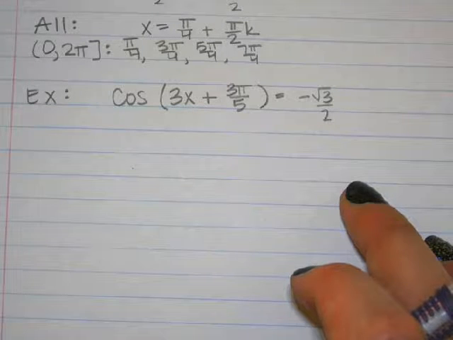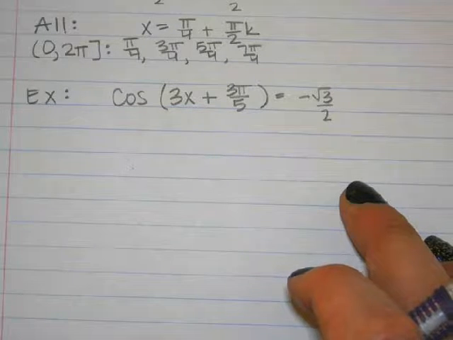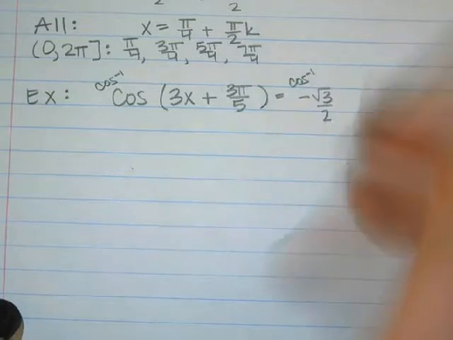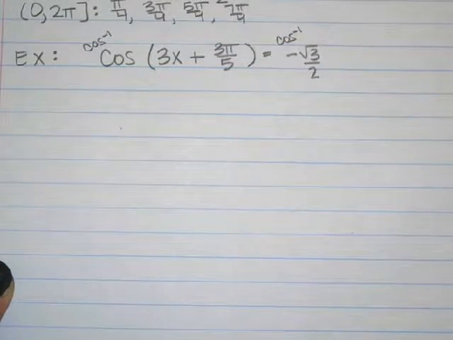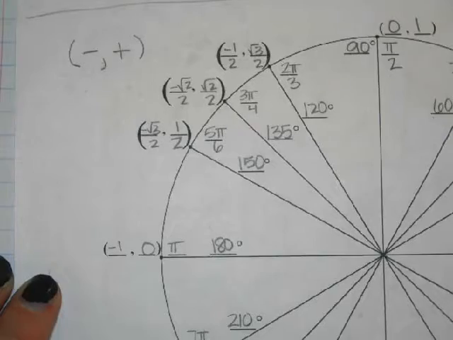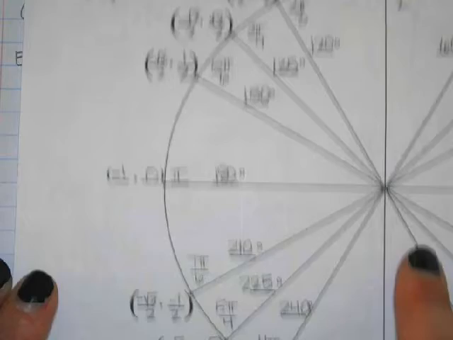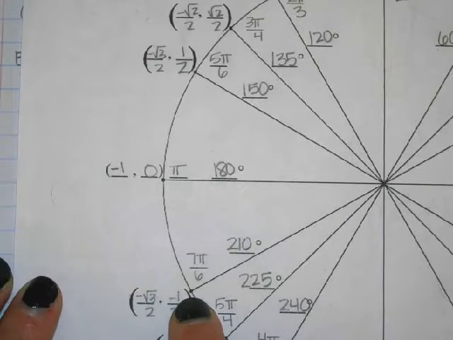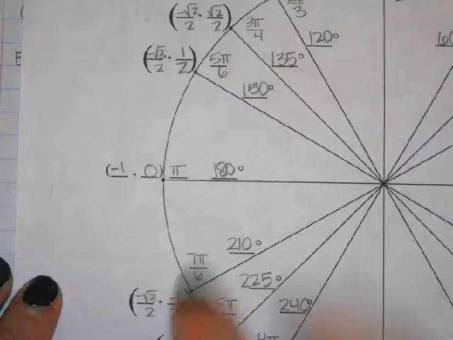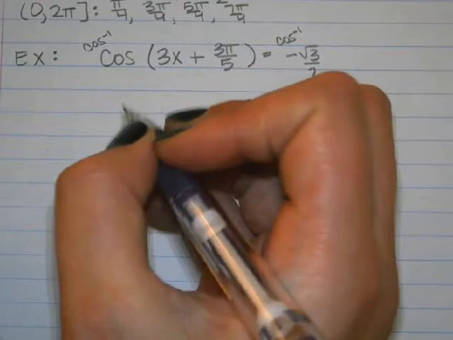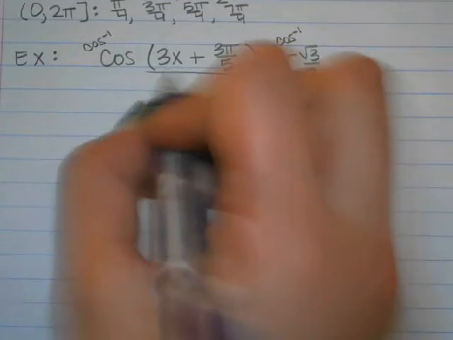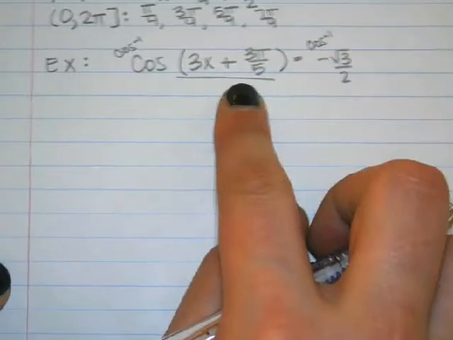So what do I do first? Cos inverse. So I'm looking at the unit circle. I see 5 pi over 6 and 7 pi over 6. So since this is a cos problem, we have to do 2. 5 pi over 6 and 7 pi over 6. So I'm going to take this part because this is what was left over once we got rid of the cos.